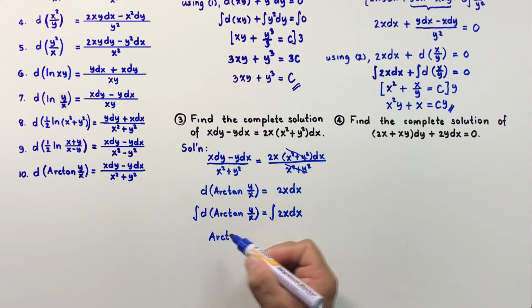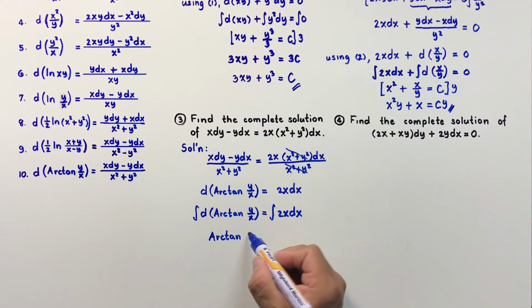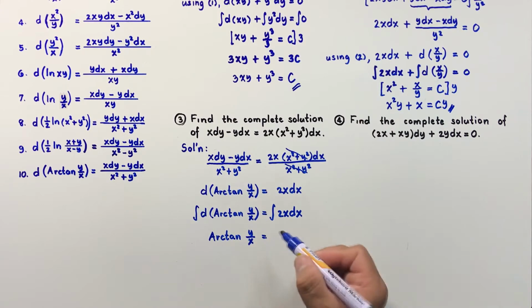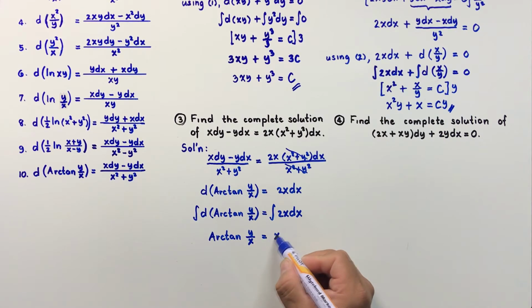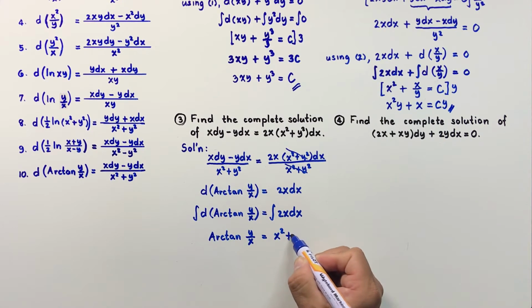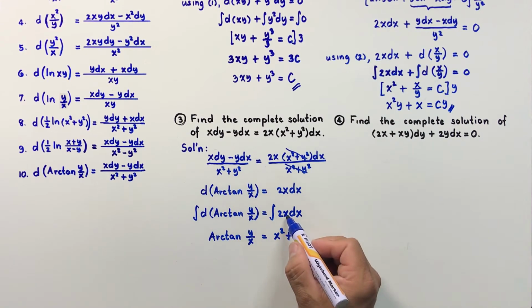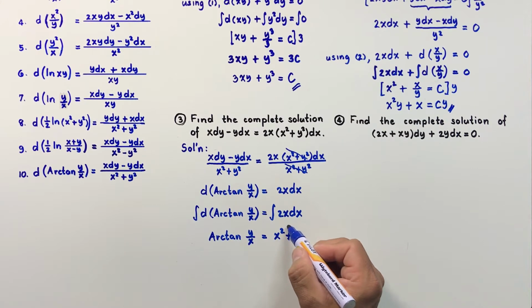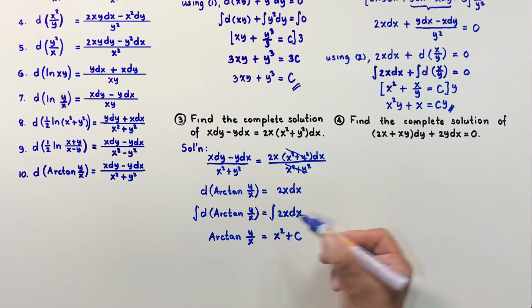So we have the arctangent of y over x, which is equal to x squared plus the constant of integration c, because the integral of x is x squared over 2, and the denominator of 2 cancels with this 2 here.